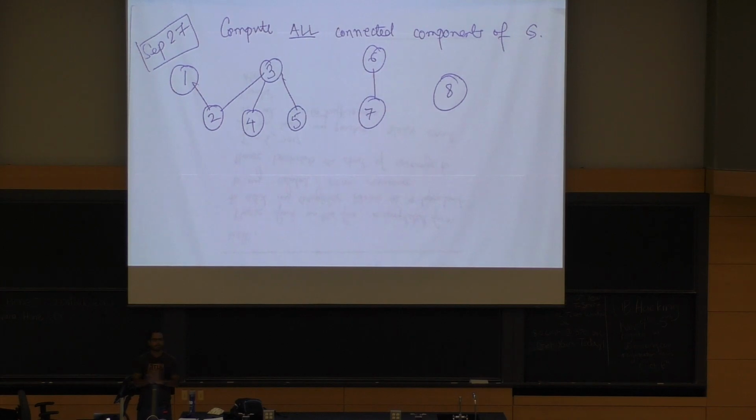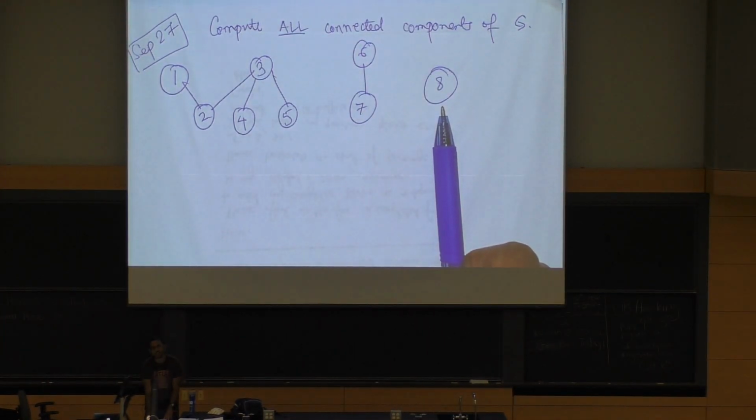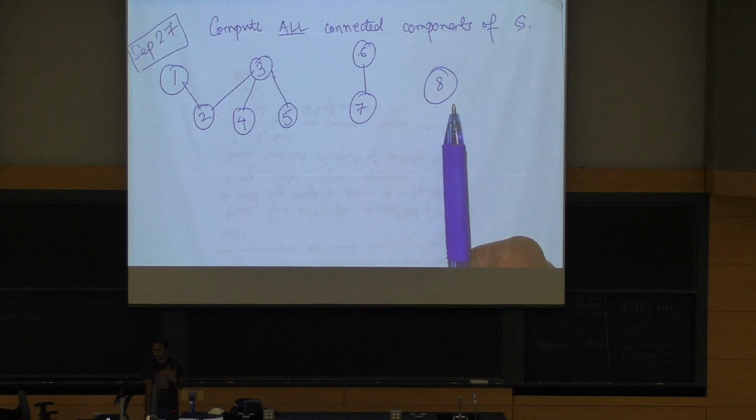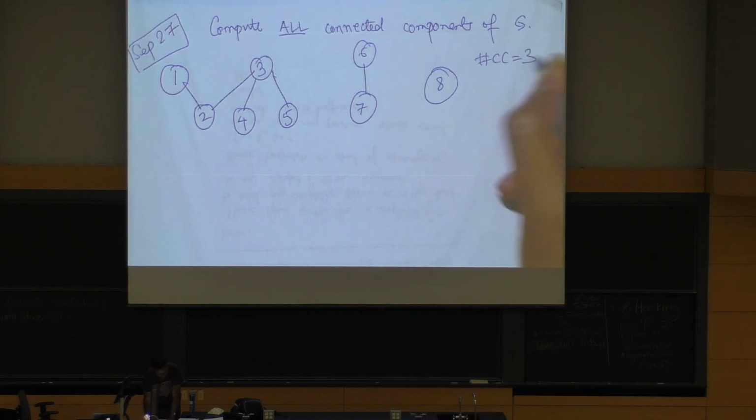How many connected components does this graph have? Brendan? 3, right? So this is one connected component, this is one, and so is this, and this is crucial. A vertex that is not connected to any other vertex is by itself its own connected component, because by default we always said a vertex is always connected to itself. Okay? So the number of connected components is 3.